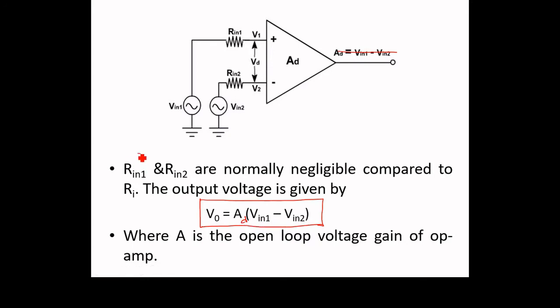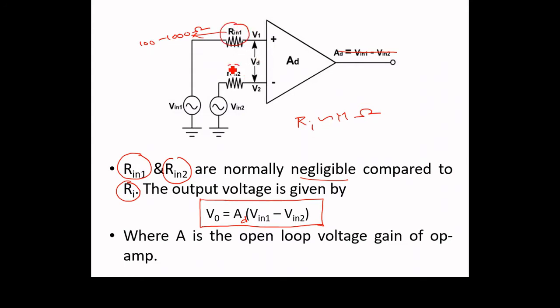Here, generally R in 1 and R in 2 are source resistances, and these are normally negligible when compared to the input resistance of the op amp, because the input resistance of the op amp is again very high. It is of the order of mega ohms, whereas these are very small, in the range of some 100 to 1000 ohms. So when compared to the input resistance of the op amp, we can neglect this.